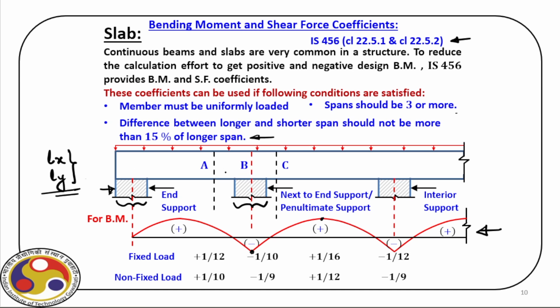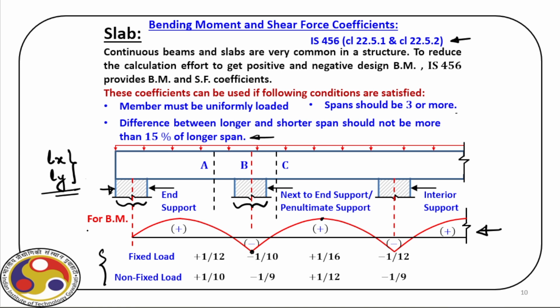So our first task is to find out these dimensions Lx and Ly, and once we find them, first we evaluate the aspect ratio, and then we decide whether we have a one-way slab or a two-way slab, and then for that we have these coefficients given for these spans as well as over the supports, and then using these coefficients we can directly evaluate the shear force and bending moment.